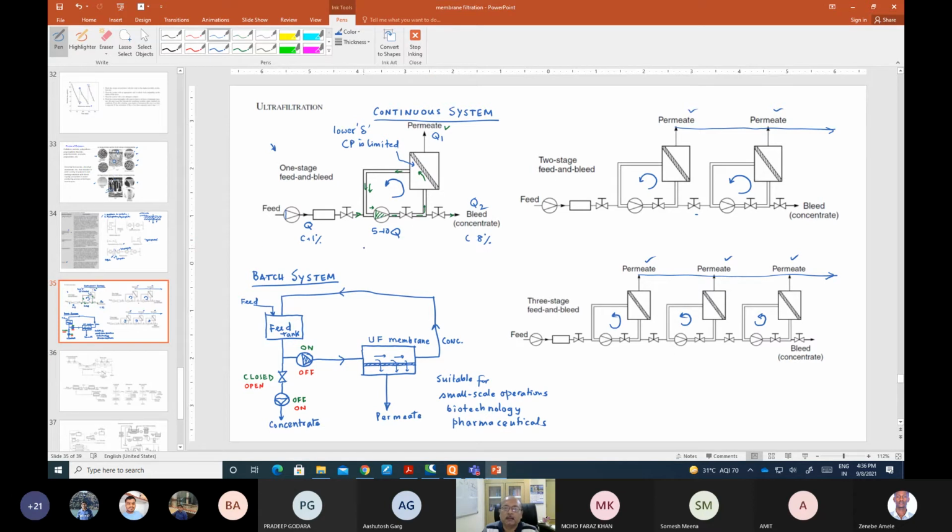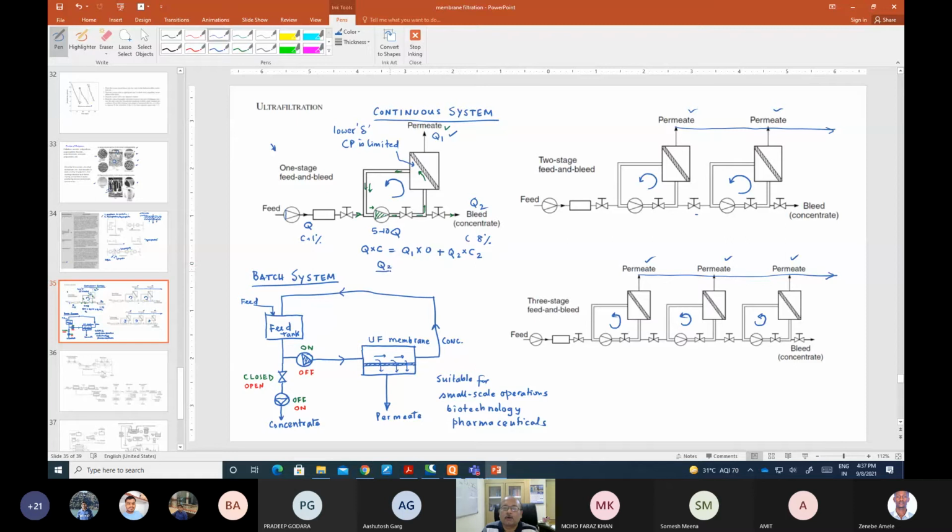You can make a mass balance here: Q into C equals Q1 into 0, because the permeate is not considered to have any concentration, because we are removing by ultrafiltration, plus Q2 into C2.